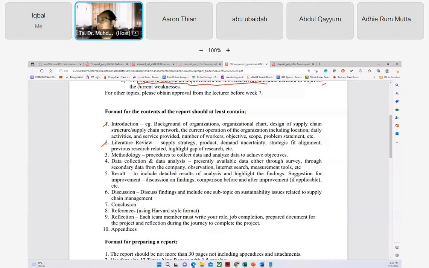So that's the thing that you are going to find out in your literature review, and it's not limited to what is stated here.